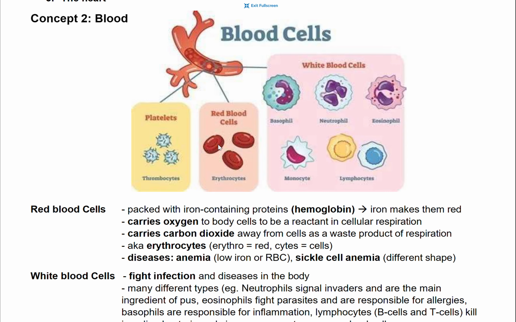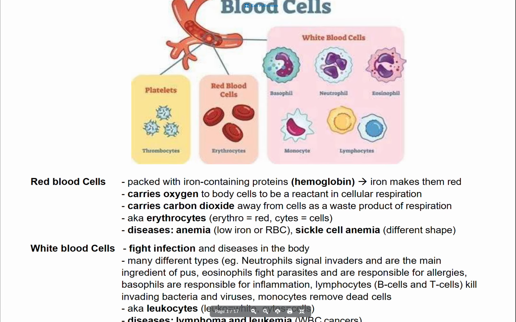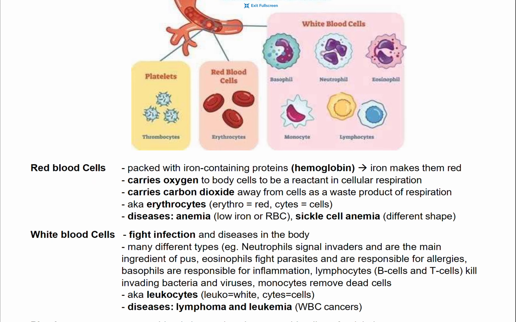White blood cells are part of your immune system and part of your blood. What they do is they fight infection, and you have lots of different types. Each of them has a different role in the immune system. So you have neutrophils. Neutrophils are up here in the center. Neutrophils basically signal that there are invaders.